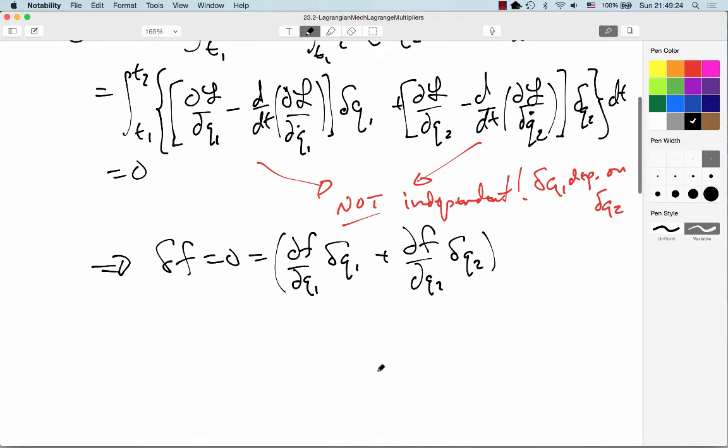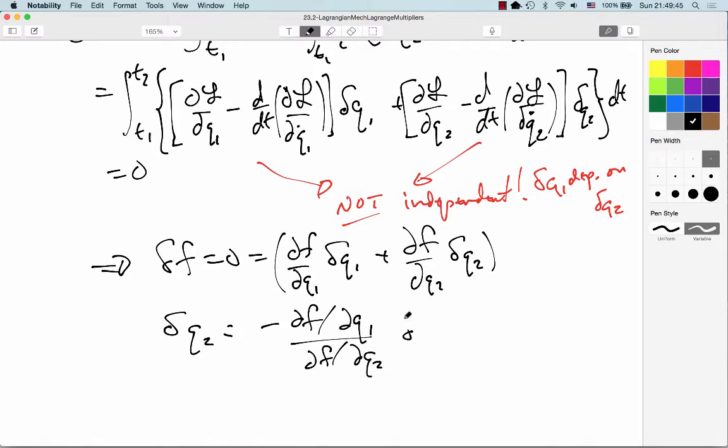So we can figure out how the variation in q2 depends on q1. We can solve this for the variation in q2: variation q2 equals minus partial f partial q1 over partial f partial q2 times the variation in q1. So now we're going to take that and stick it right in there.